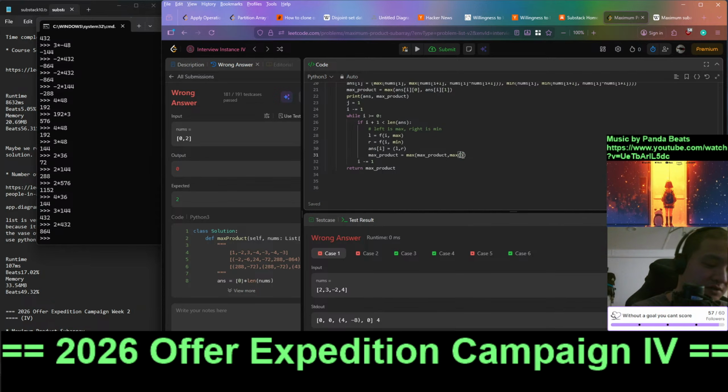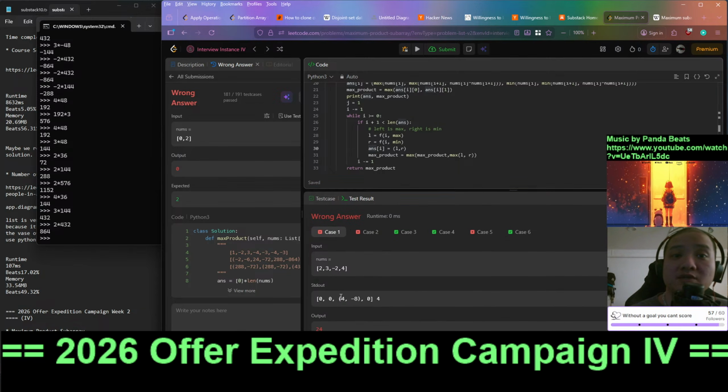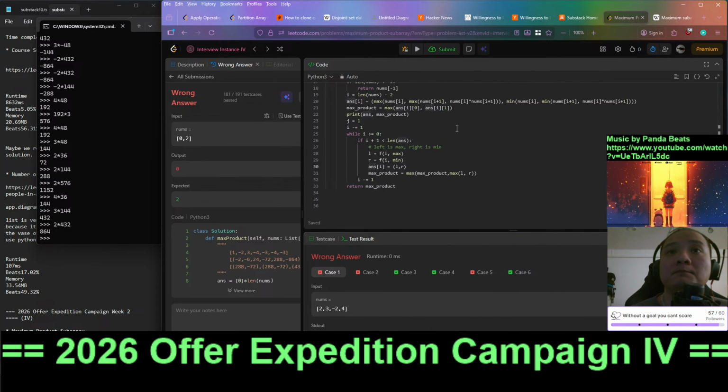Let's just do left and right here. Right. So first we have 4 and 8. 4 and negative, yeah? Let's start with that. And we want to print I and max product.